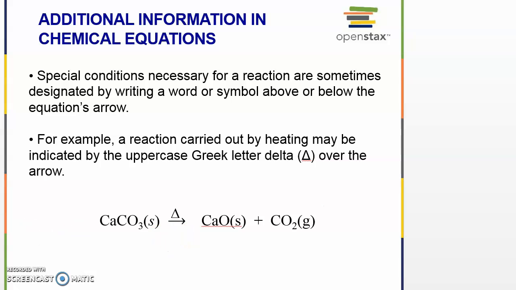In chemistry, that means it's the heat. Sometimes you can see hν. That most likely means UV, or sometimes it means light as well. h is the Planck constant, and ν over here is the frequency. Or sometimes in some textbooks you will see hf, where they use f to represent frequency.